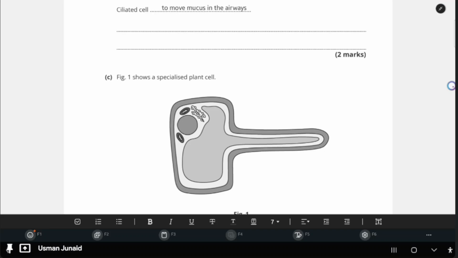Vacuole? No, it's not the vacuole. So, do you see this elongation? Right?